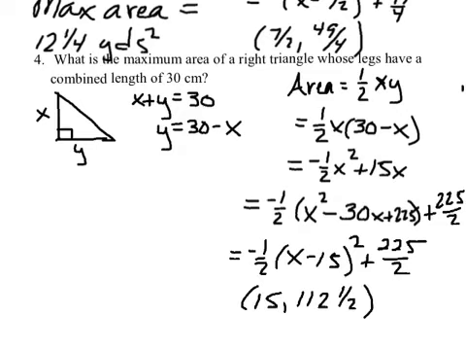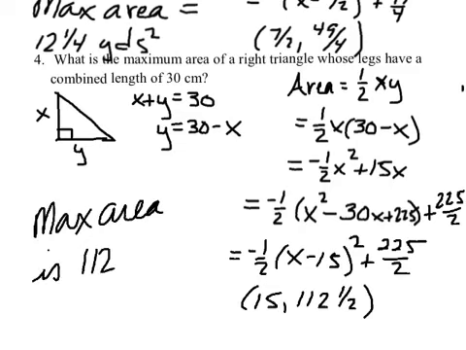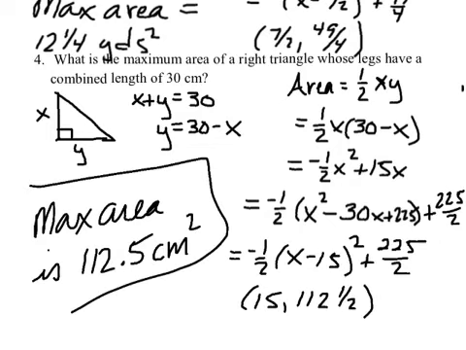So it's asking what's the maximum area of the triangle? Well, the max area is 112.5 centimeters squared. And there you go. Okay, again, the y coordinate being your extreme value.